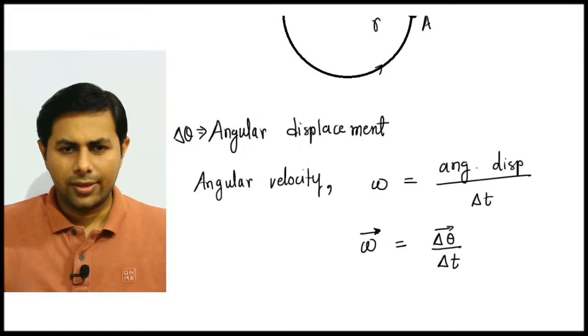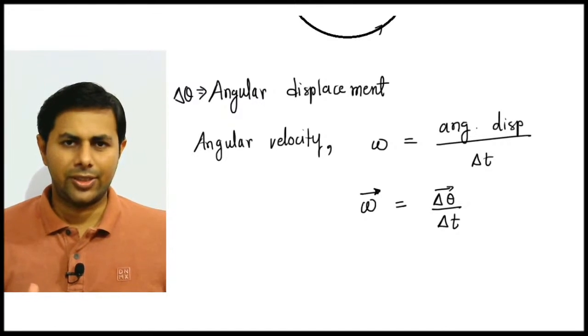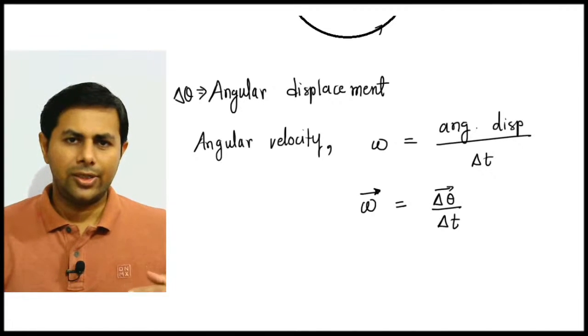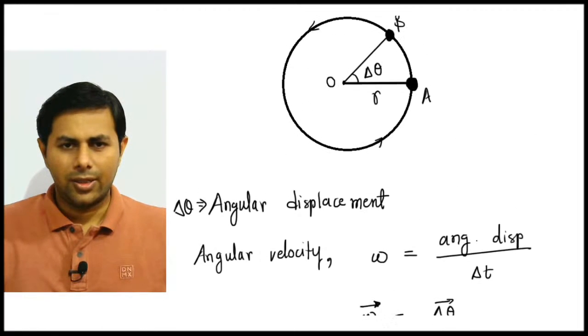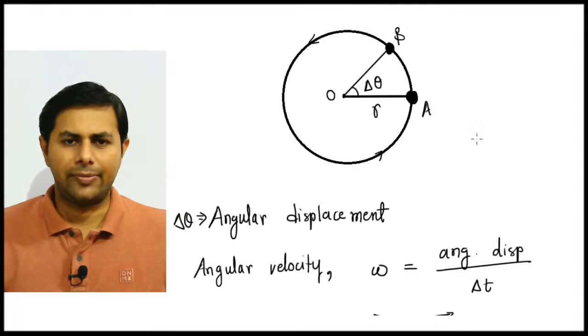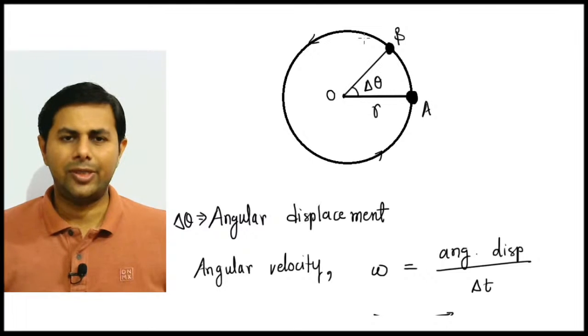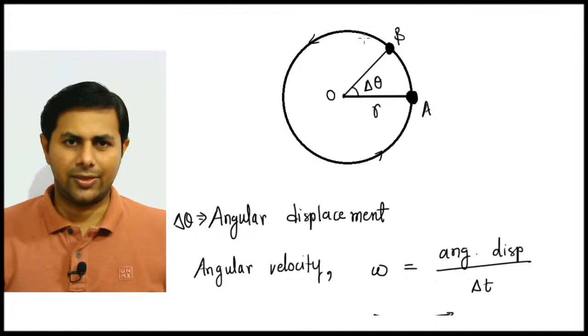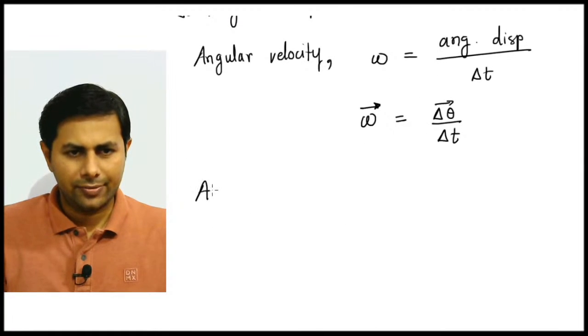Just similar to linear motion, where a change in velocity with respect to time gives us acceleration, we can define angular acceleration also. If the angular velocity of this object changes with respect to time, say the angular velocity at this point is omega 1 and at some other point is omega 2, that means the object speeds up or slows down, so we can define angular acceleration.